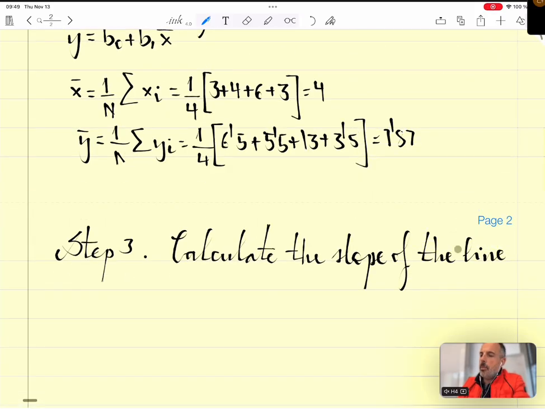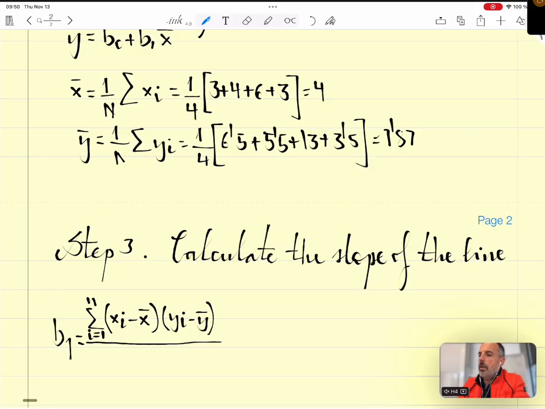The slope of the line has this equation. B1 equals the sum for all i of x sub i minus x mean value times y sub i minus y mean value, divided by x sub i minus x mean value squared, added up over all the values.